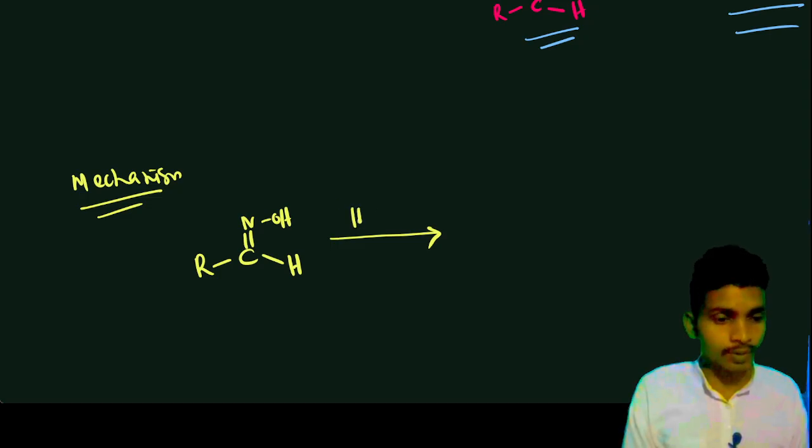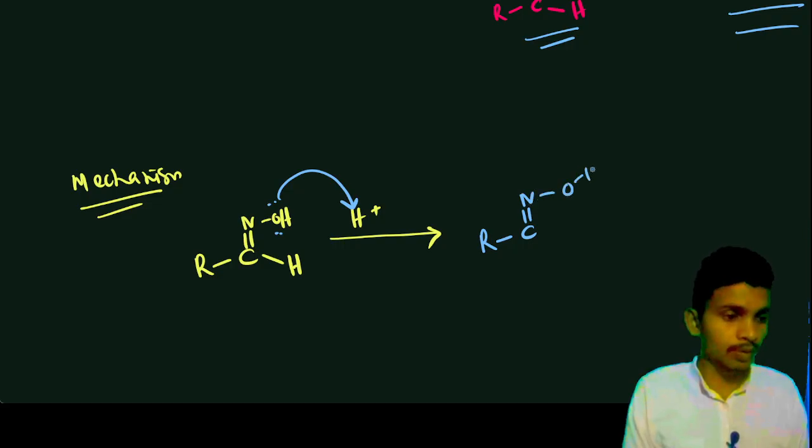So H plus is there. Then what will happen? Here a lone pair is there. So this lone pair will attack this proton. So this is going to be R C double bond N, and this is OH, and this is the H, and here we have a positive charge, and here we have H.